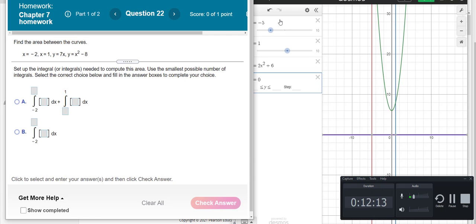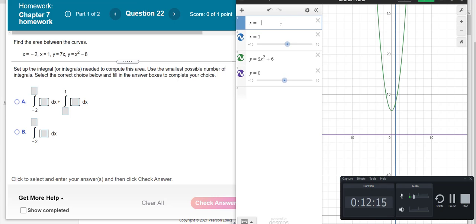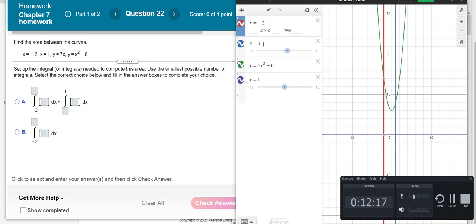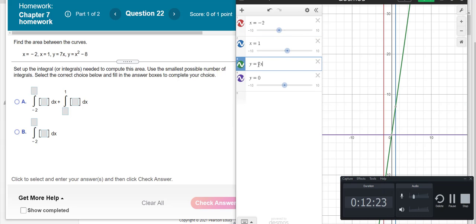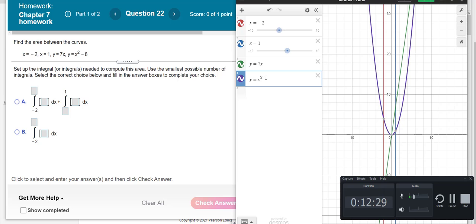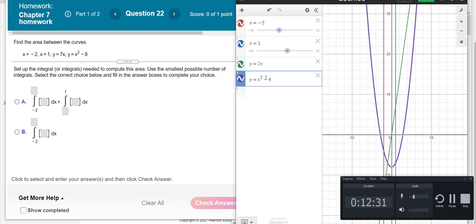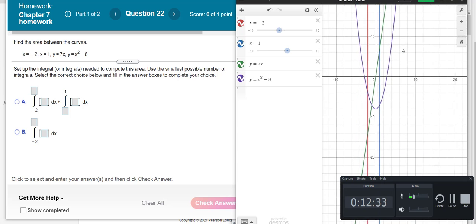All right, let's take a look at this one. X is -2. X is 1. Y is 7x. And y is x squared minus 8. All right, so here's my graph this time.